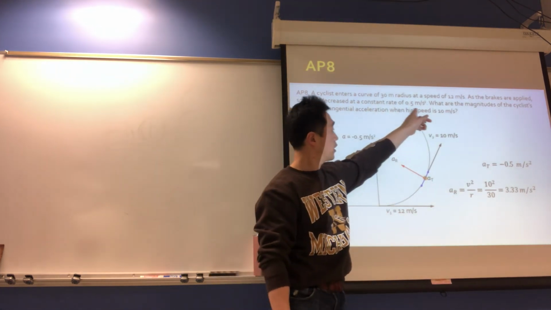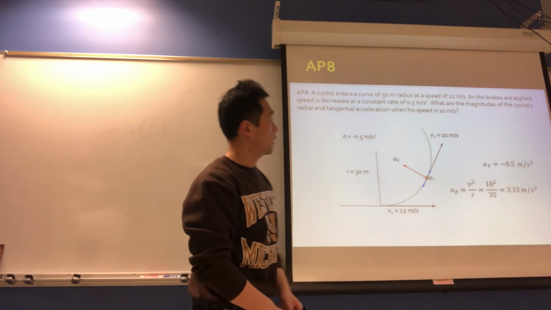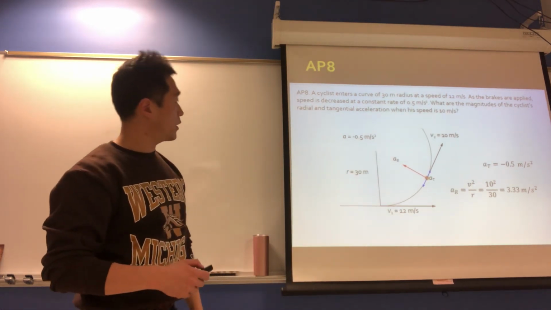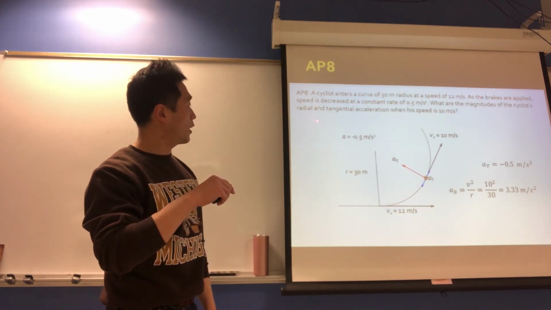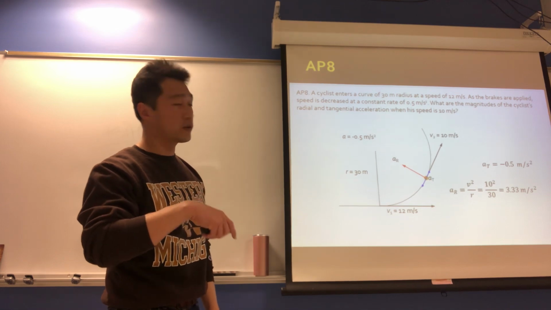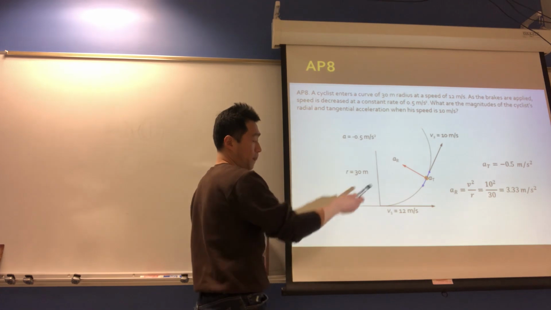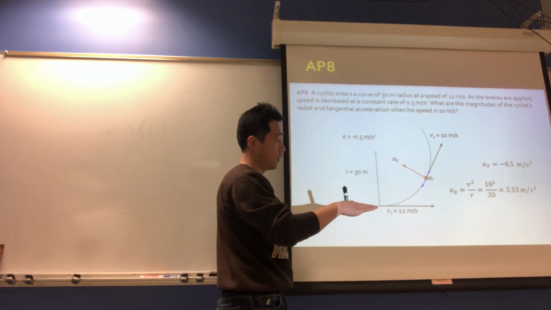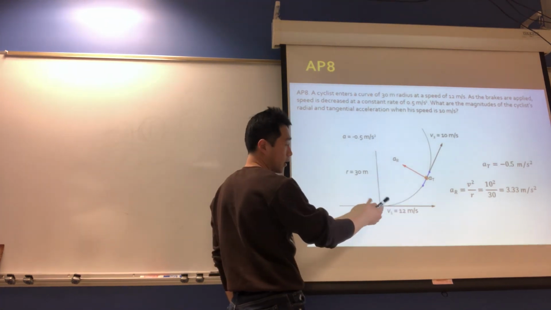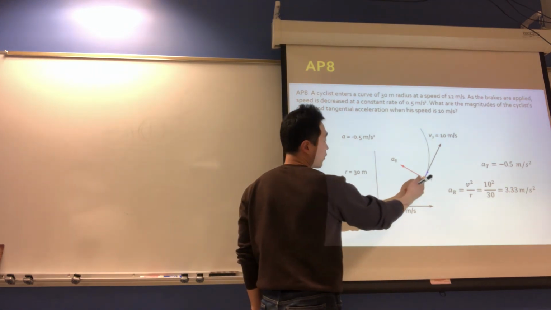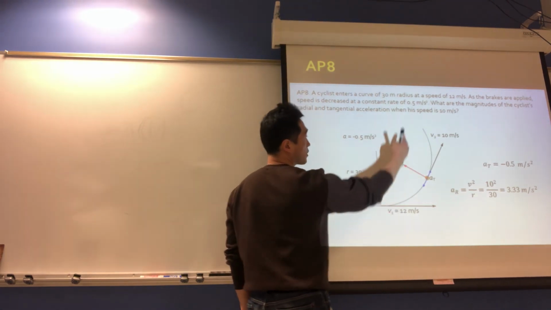This is the linear acceleration. What are the magnitudes of the cyclist's radial and tangential acceleration when the speed is 10 meters per second? As the speed decreases progressively, assume that at this point his speed is 10 meters per second.